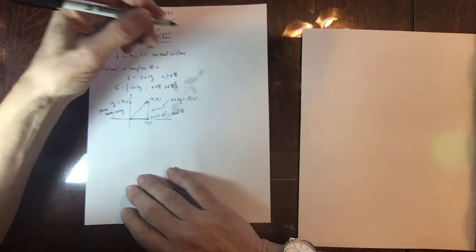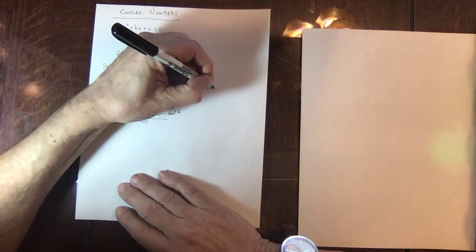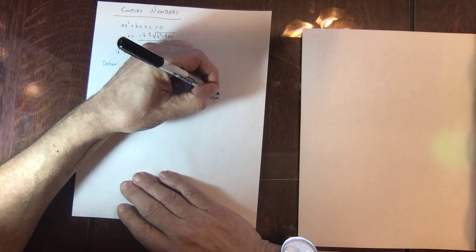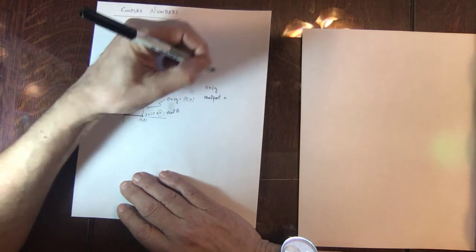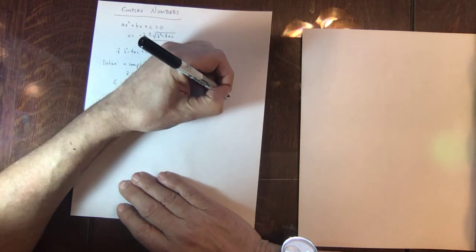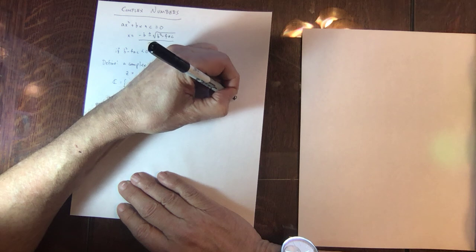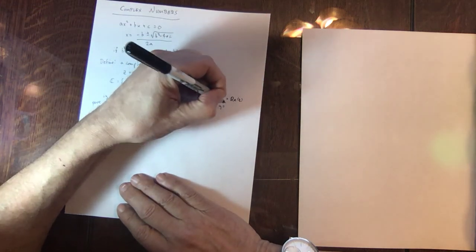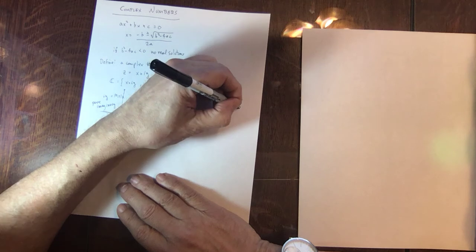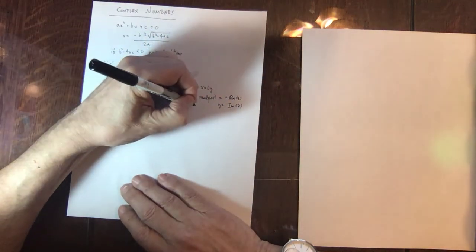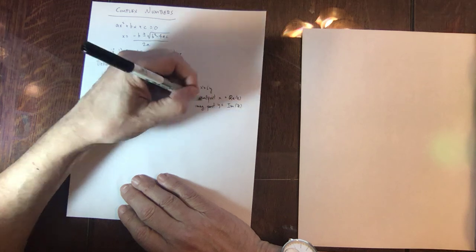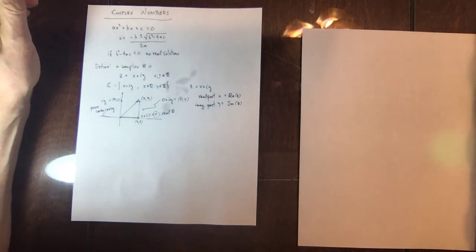The usual terminology is for x + iy, the real part is x. So if we call this z, then this is the real part of z, and then y is the imaginary part of z.